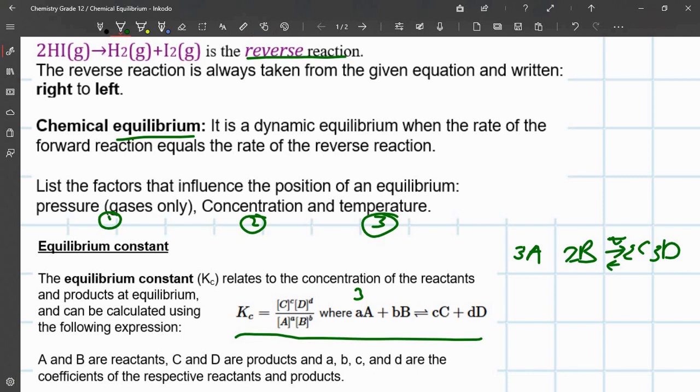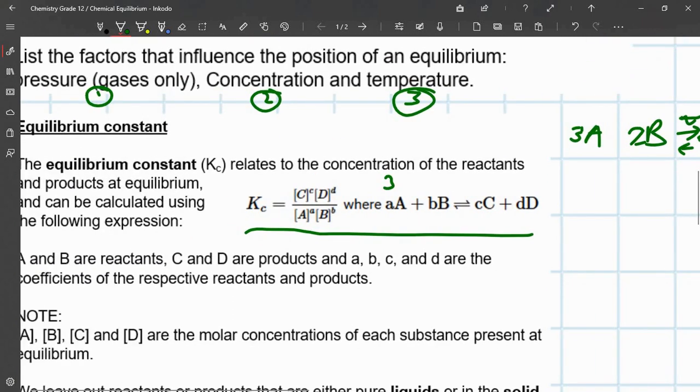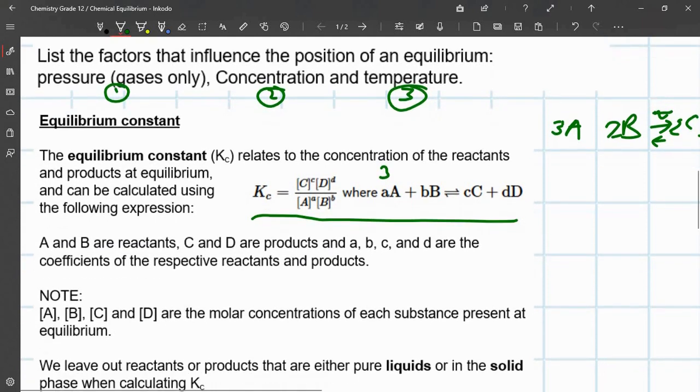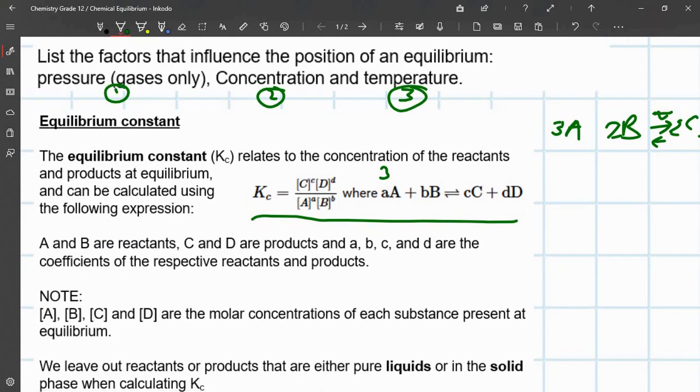There are some important notes here: A, B, C, and D in brackets are molar concentrations of the substance. So these brackets indicate that it's the concentration of whichever element is inside. For example, that would be the concentration of hydrogen.